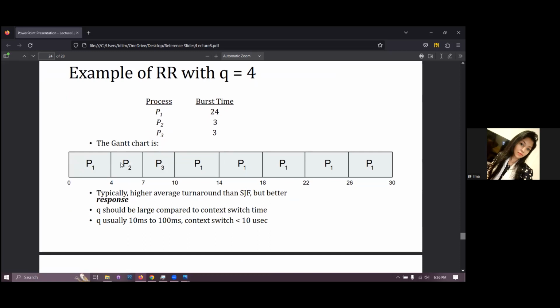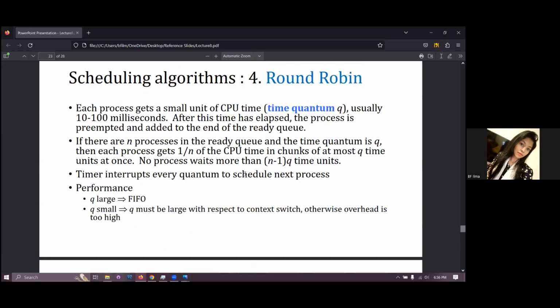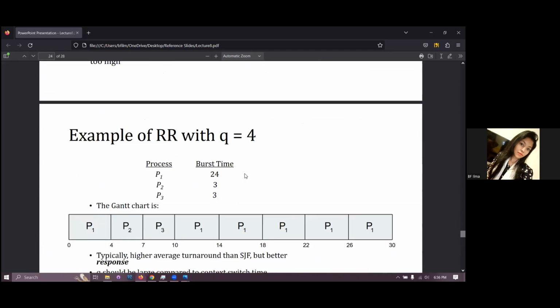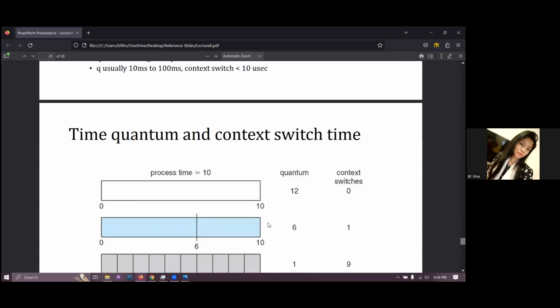After that, we preempt that and then take P2, something like that. In this case, we have to consider the size of Q, which is 4.